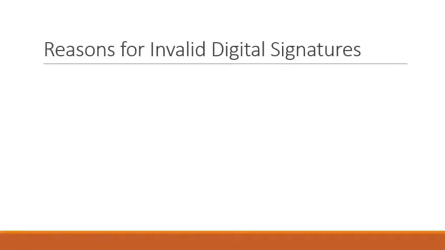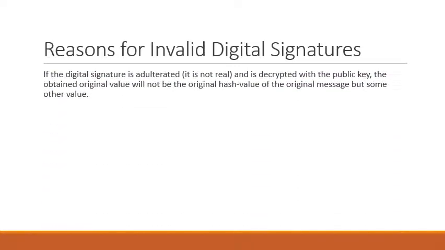There are some reasons for invalid digital signatures. If the digital signature is not real and is decrypted with the public key, the obtained original value will not be the original hash value of the original message, but some other value. Basically, if you tampered with the original message, the hash value when you try to decode it will be different from the current hash value.